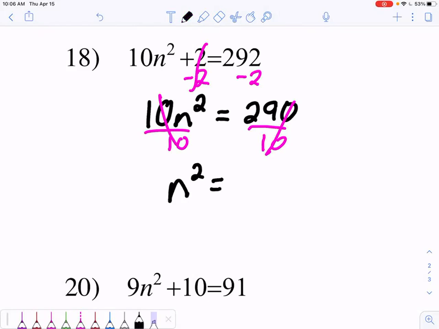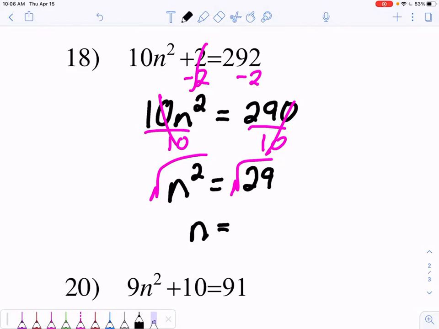And then what do we do next? The root of both sides. Good. Does a perfect square go into 29? So you could try them all out. 25, 16, 9, 4.